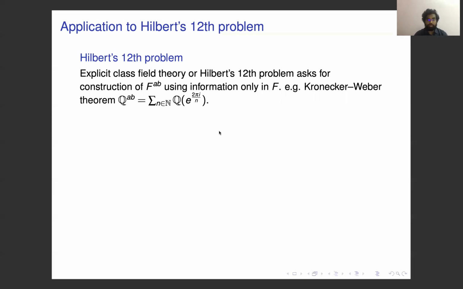This is an example of explicit class field theory, and there's a theorem over imaginary quadratic fields. Those are generated by values of the j function at torsion points of elliptic curves and Weber functions. I'm not going to state that.